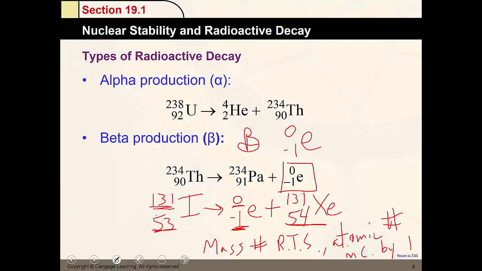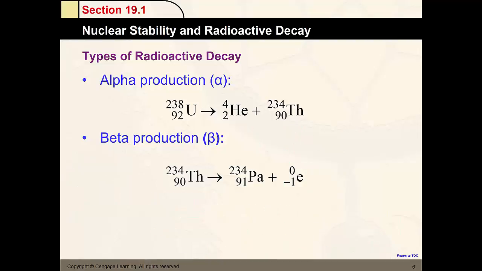And since an electron is much smaller than an alpha particle, a helium nucleus, however, it is still charged, it can be blocked by aluminum foil. If you try to block it with paper, it will go through, but something stronger, like aluminum foil, will block it.